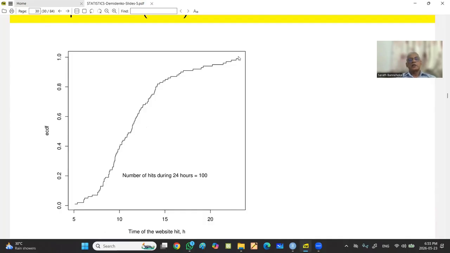After that, it will be 1 like this. At the beginning it will be 0 like this, 0 before 5 or so, and then after this value it will be 1. So this is the empirical cumulative distribution function.